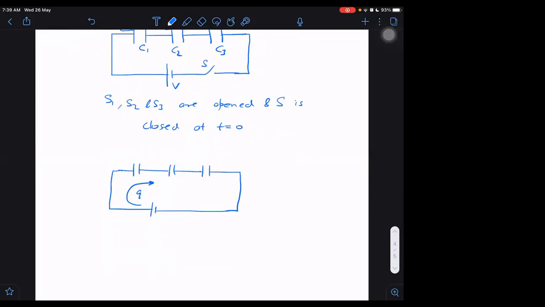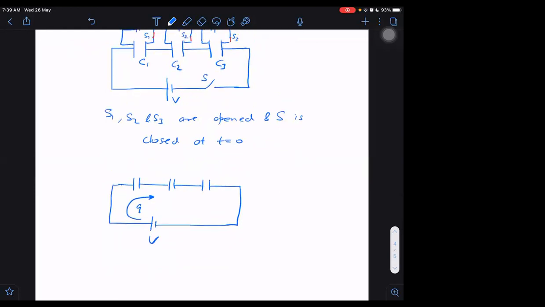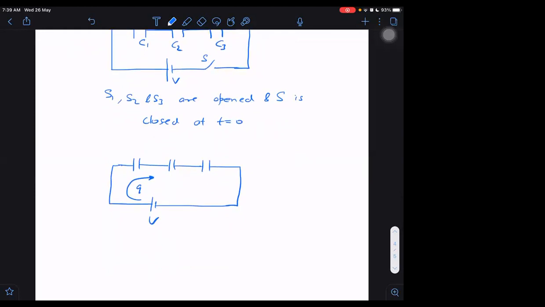Let us say the battery V supplies extra charge Q. Then the charge supplied to any of these will be exactly the same, there is no doubt about it.